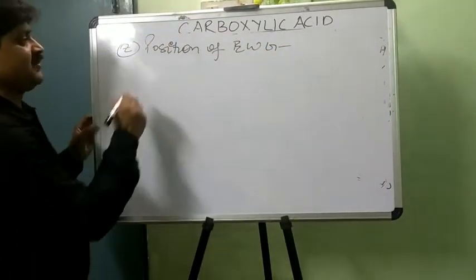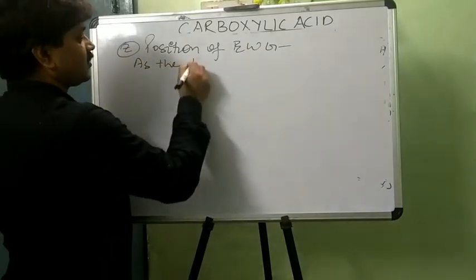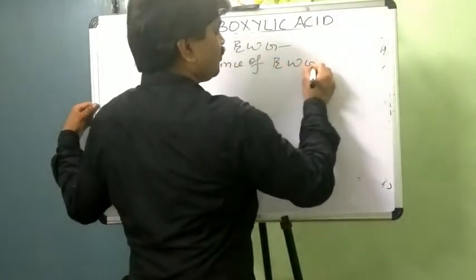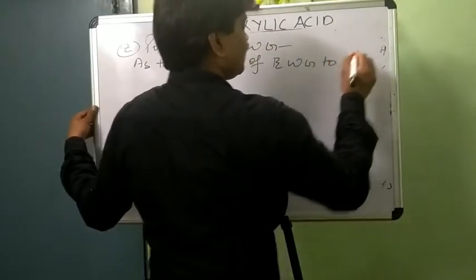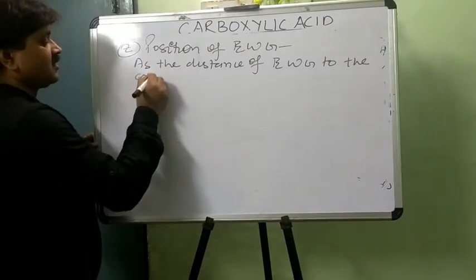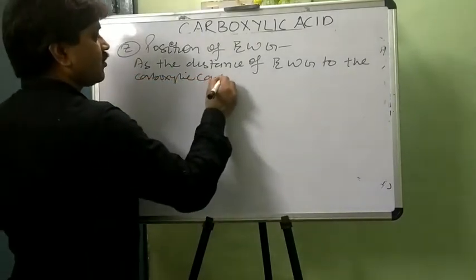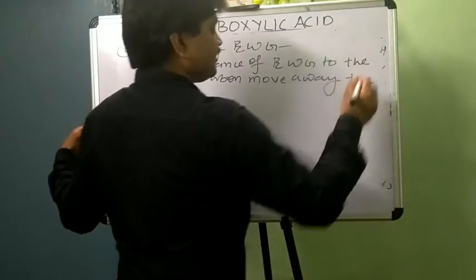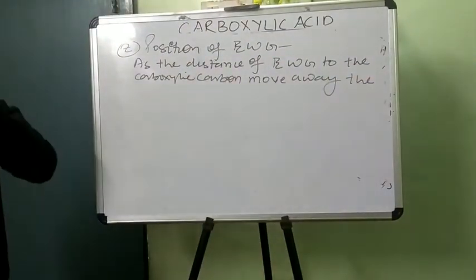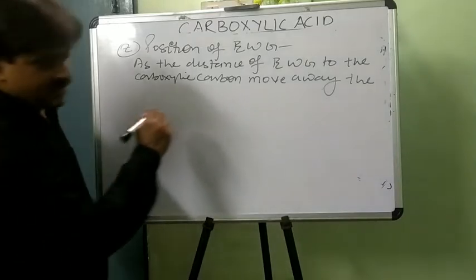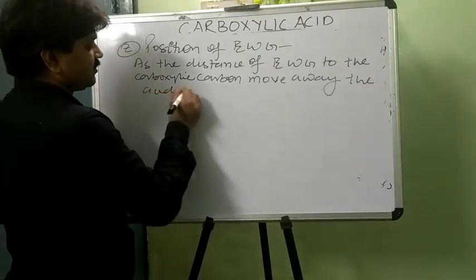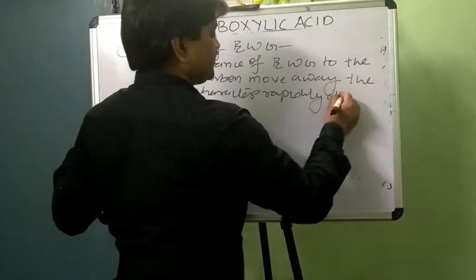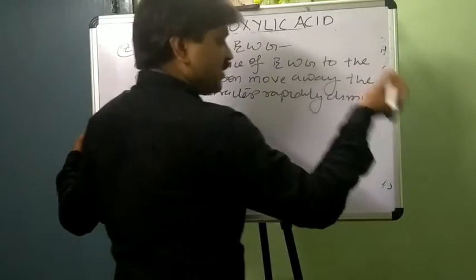As the distance of the electron withdrawing group from the carboxylic carbon increases, the acidic character rapidly diminishes. Why? Because the minus I effect decreases.